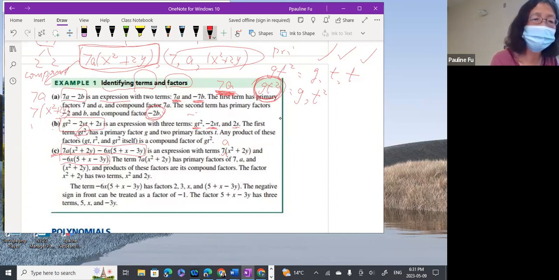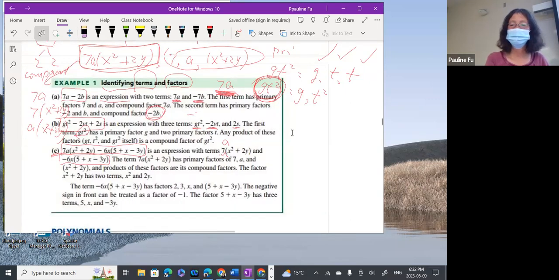Still another is a times the bracket x squared plus 2y. Those are all compound factors. Questions?